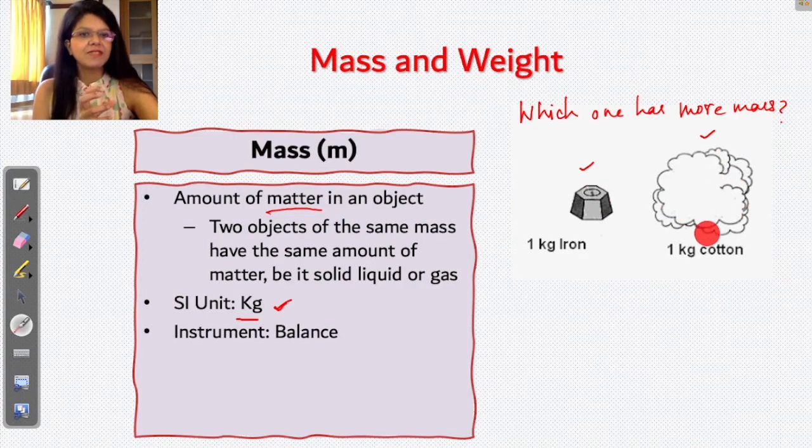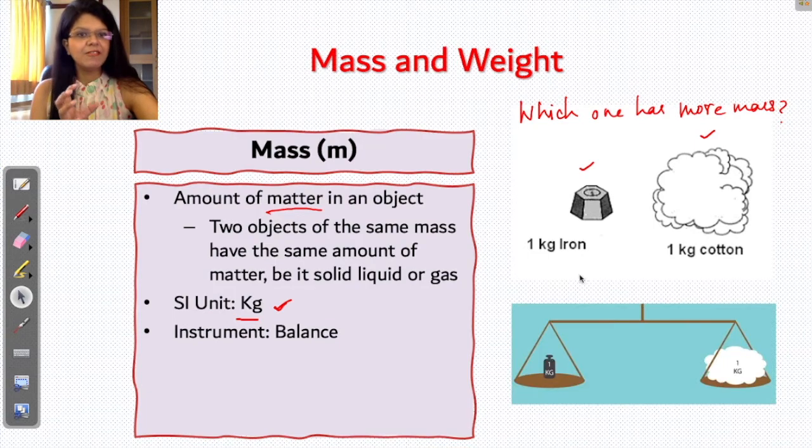The same amount of content or matter you have in 1 kg of cotton as well, though it's fluffy. Here the atoms, the particles are far apart in case of cotton. In case of iron, they are compact, close together, but otherwise they are exactly the same amount of matter.